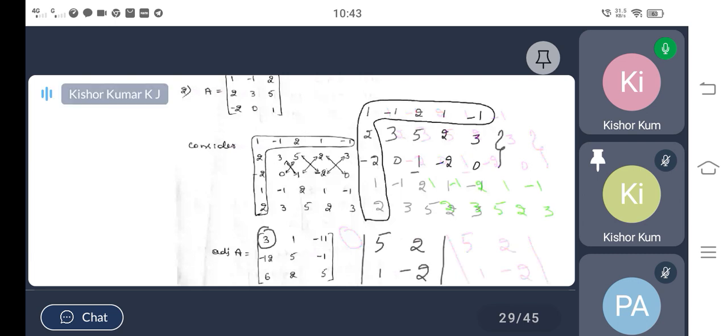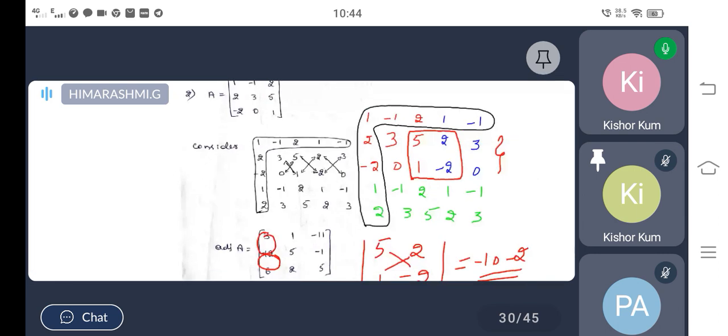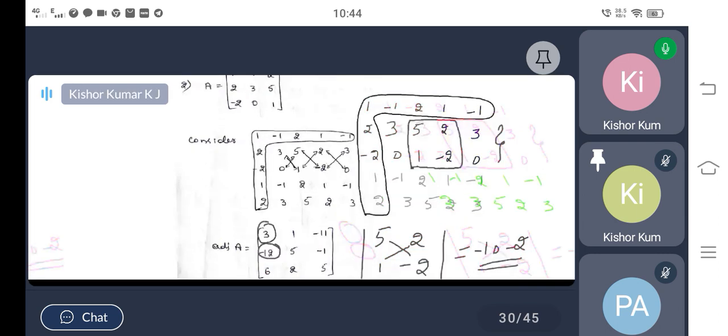These are the 4 elements I have considered. Is minus 10 minus 2, correct? 5 into minus 2 is minus 10. Minus 1 into 2 is minus 2. Minus 10 minus 2 will give us minus 12. Mention it as the second element in the first column.